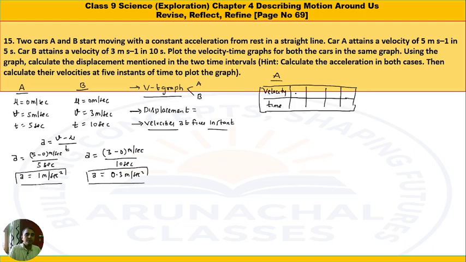Initial velocity is 0, time is 0 here. Now we have to make sure that whatever the change in velocity I write here, acceleration should be maintained as 1 meter per second square. So here it is 5.